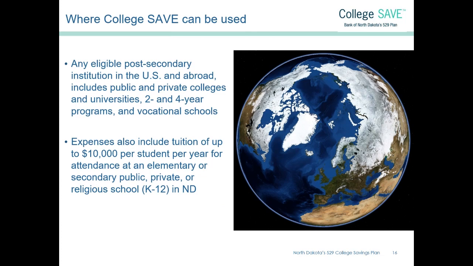That's tuition only, and attendance at an elementary or secondary, public or private or religious school in North Dakota, K through 12. Now, if you're using a College Save to save for that, and you're also saving in that same bucket for that same child for their future higher education expenses, make sure you're choosing different investments for those pools of money within that same plan.